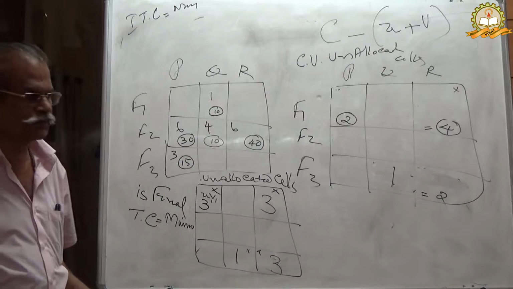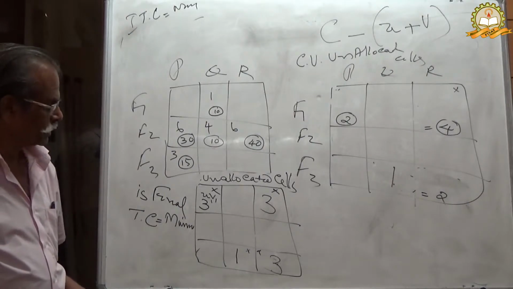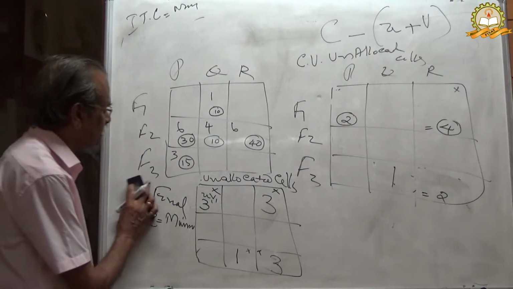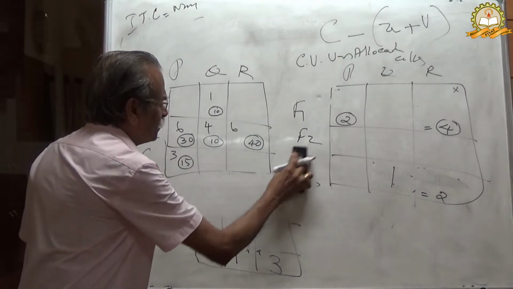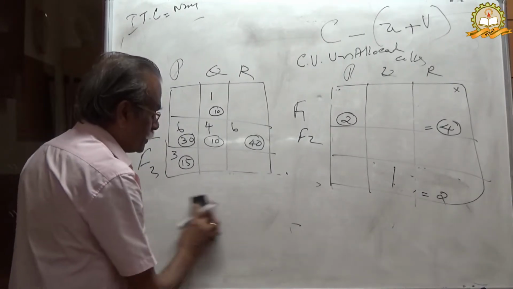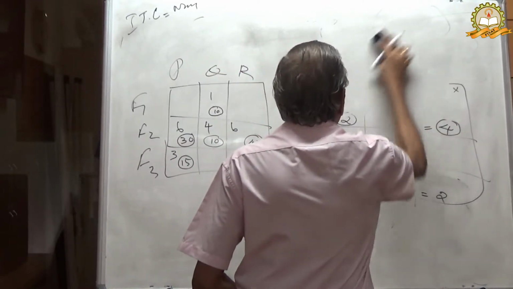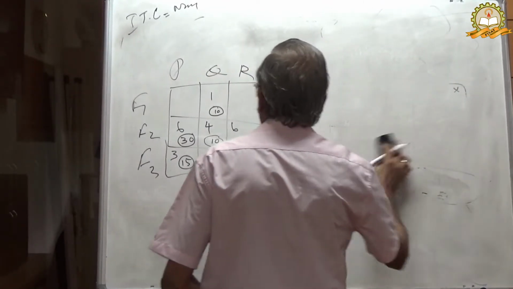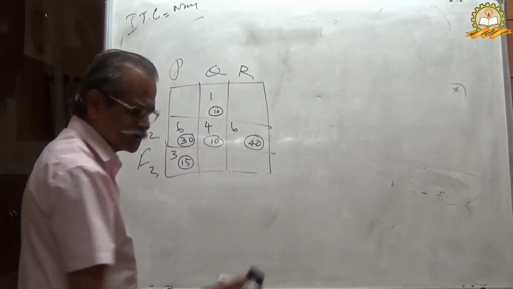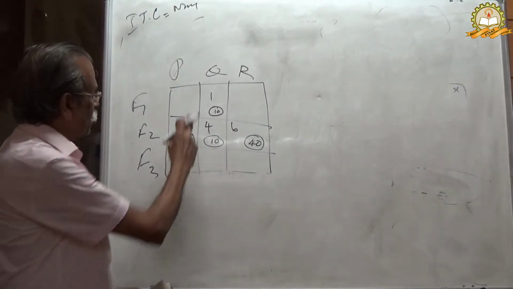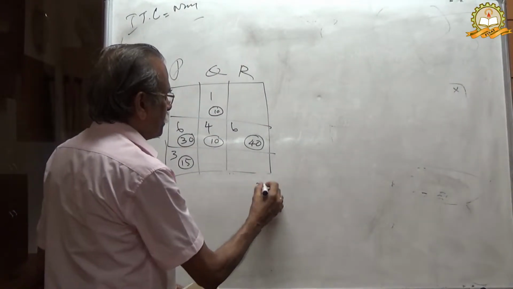Here we observe the following. You can see this is a 3 into 3 matrix.